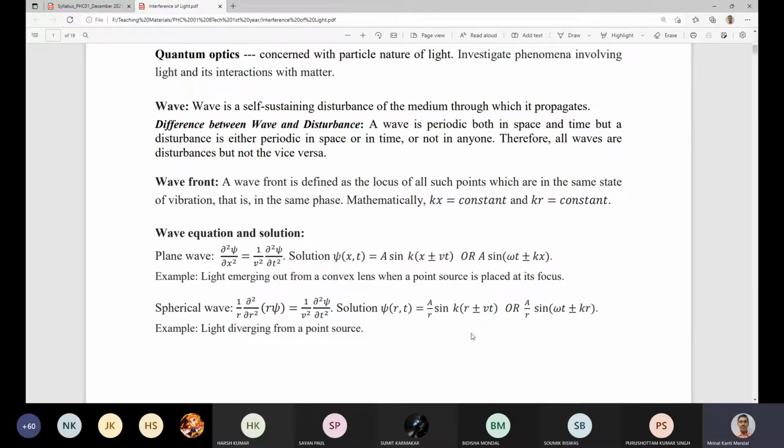Now, to start with wave optics, first we will consider what a wave is. A wave is a self-sustaining disturbance of the medium through which it propagates. So if you disturb a particular medium, it will originate a wave, and that wave will propagate through the medium.